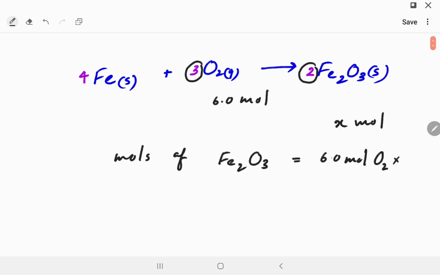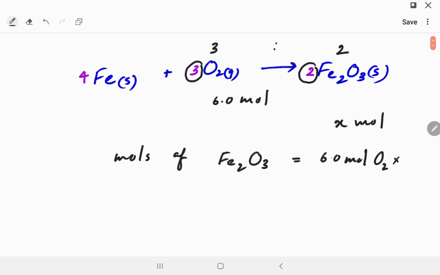Basically, the ratio between oxygen and iron oxide is 3 to 2. So if you have 6 moles of oxygen, you will multiply by a mole factor in such a way to obtain the moles of iron oxide.